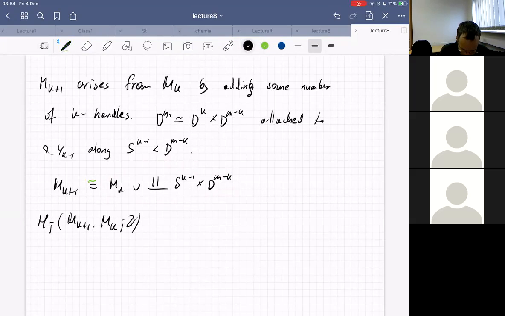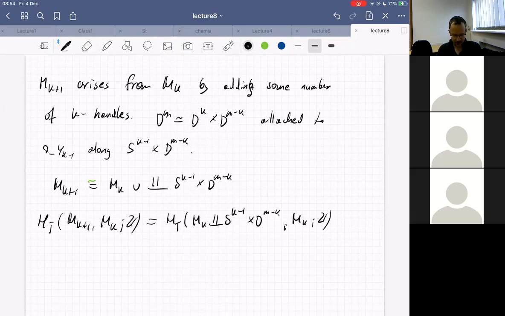Any ideas? All right, so let me write it in this way. This is I think the most important step. It's the easiest step in the proof, but it's the most important because it tells you what is going on.